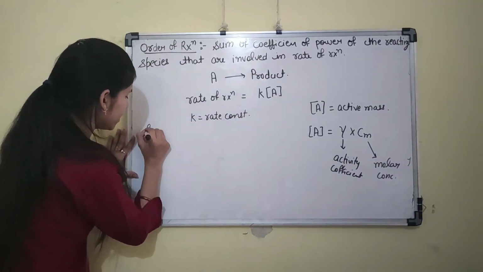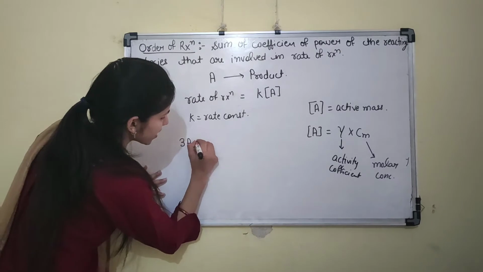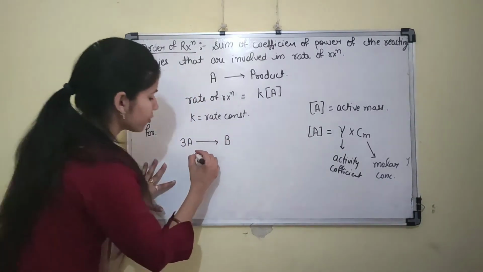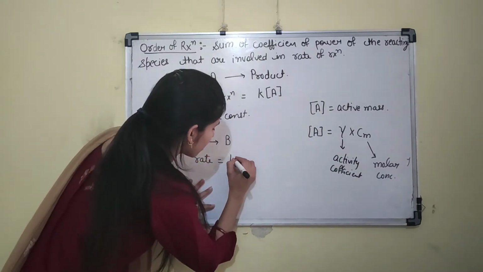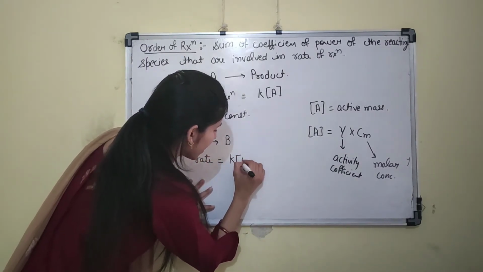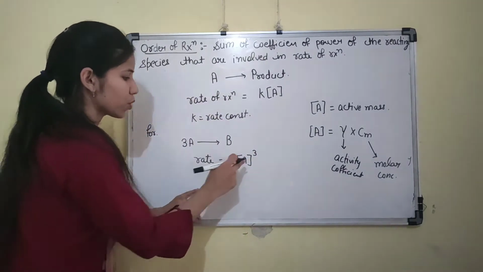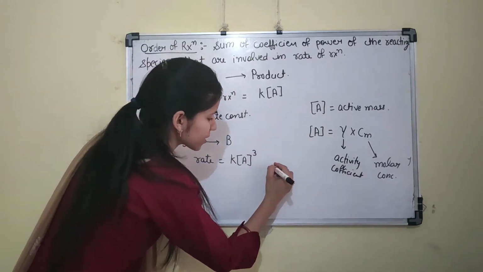For example, if 3A gives B, the rate of reaction is K into A raised to the power 3. So in this, the order of reaction is 3.